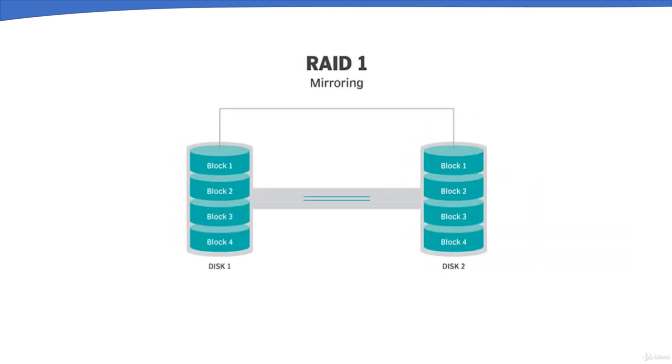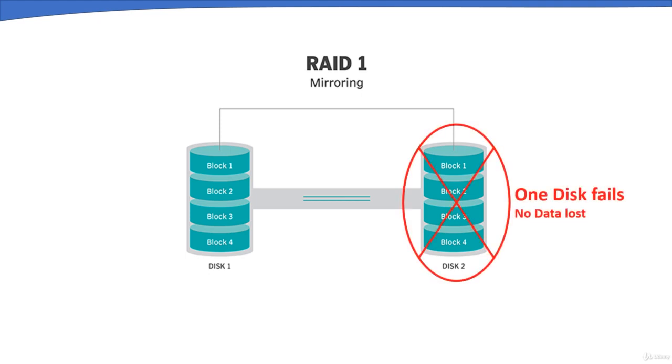RAID 1, or mirroring method. Data are stored twice by writing them to both the data drive or set of drives and a mirror drive or set of drives. If a drive fails, the controller uses either the data drive or the mirror drive for data recovery and continuous operation.